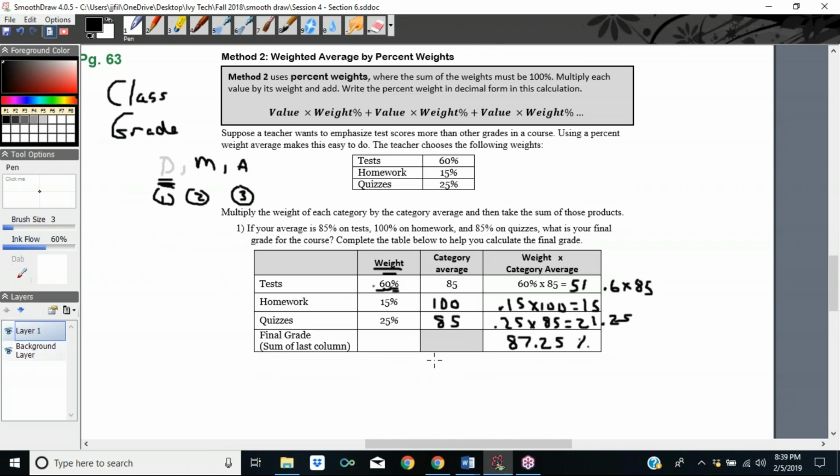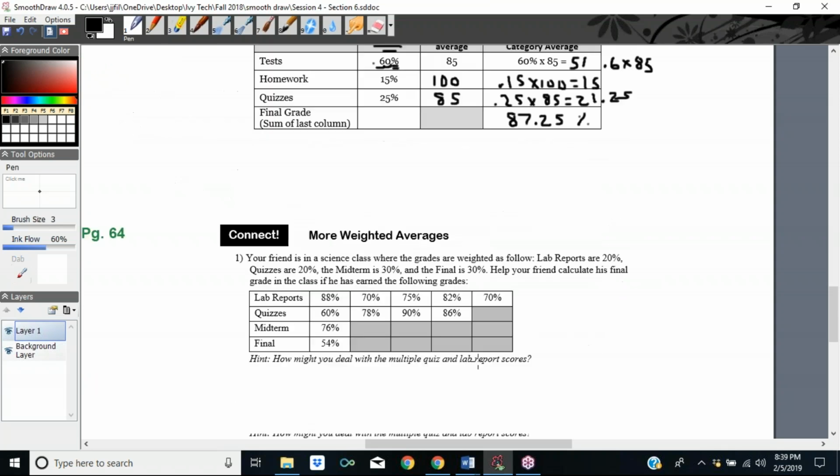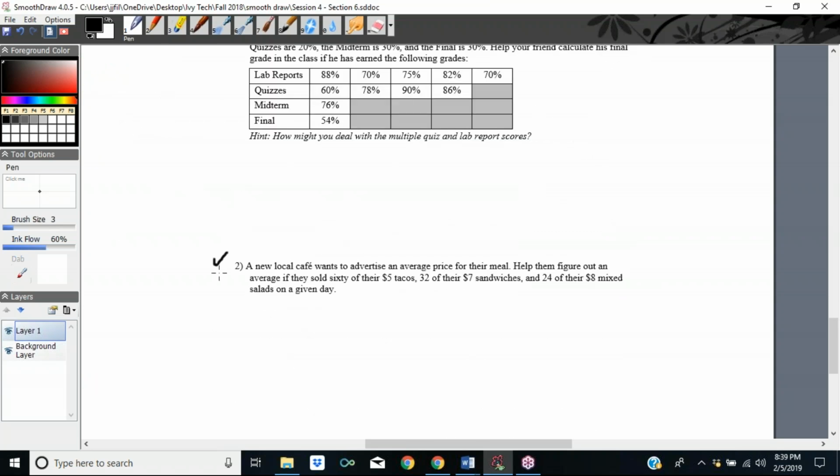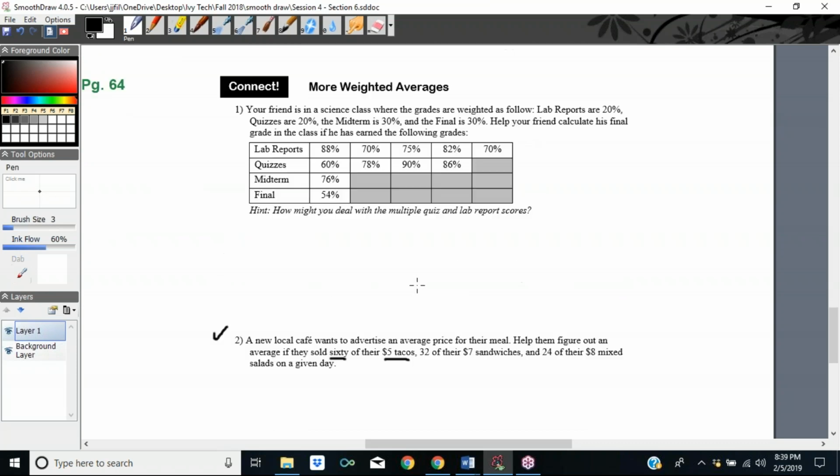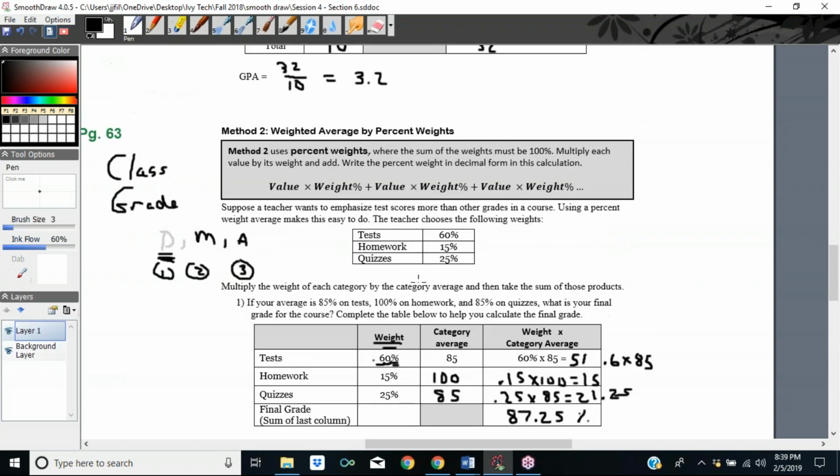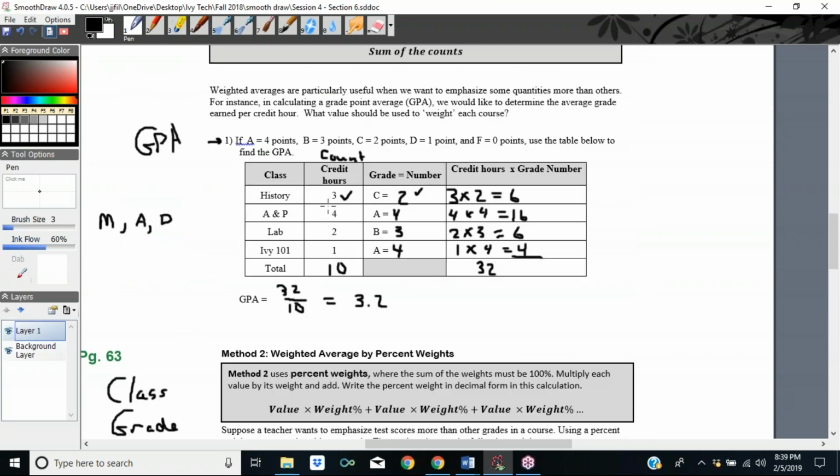Oh my gosh, you guys are all split on this. Well, if we look at number 2 right here, we have a number, so 60 tacos, $5. The way we relate that is it's kind of like method 1, where we have 3 credits and each one is worth 2 points.